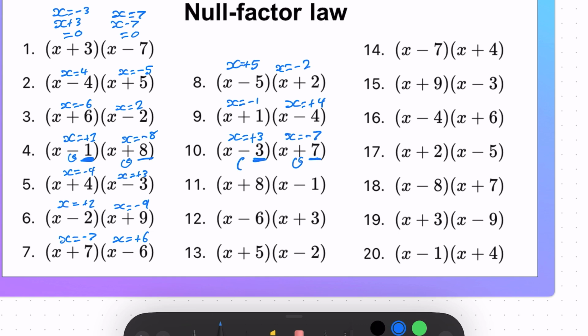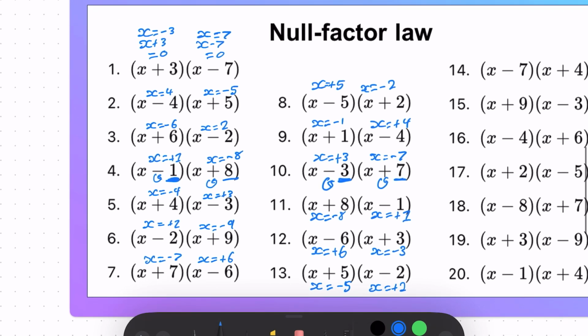Taking this number, flipping the sign. X equals negative 8, x equals positive 1, and continuing, x equals positive 6, x equals negative 3, x equals negative 5, x equals positive 2. I won't worry about those last ones.